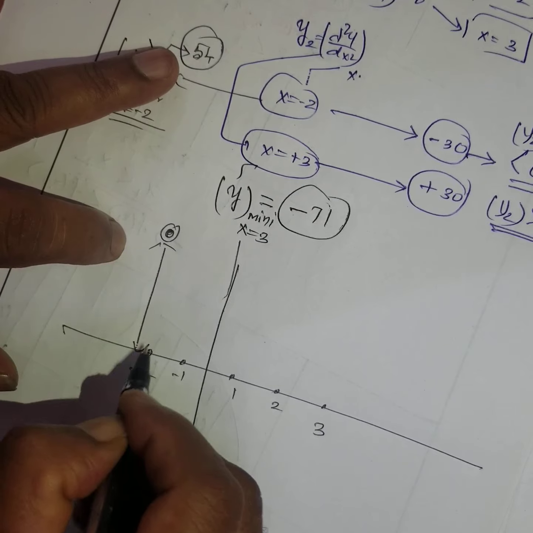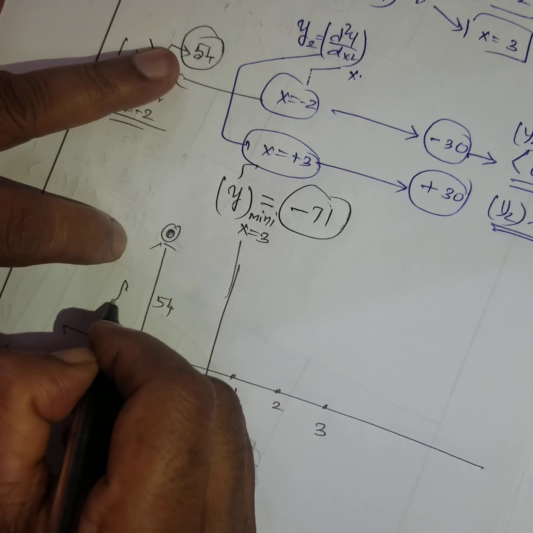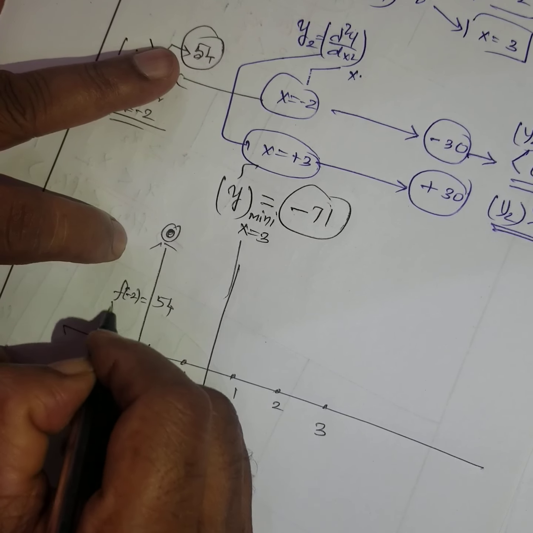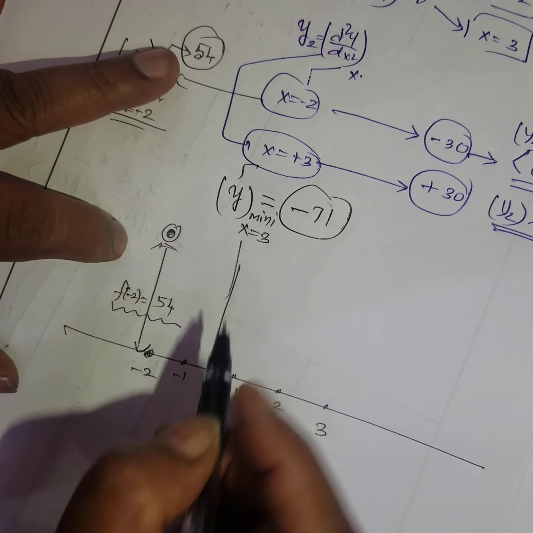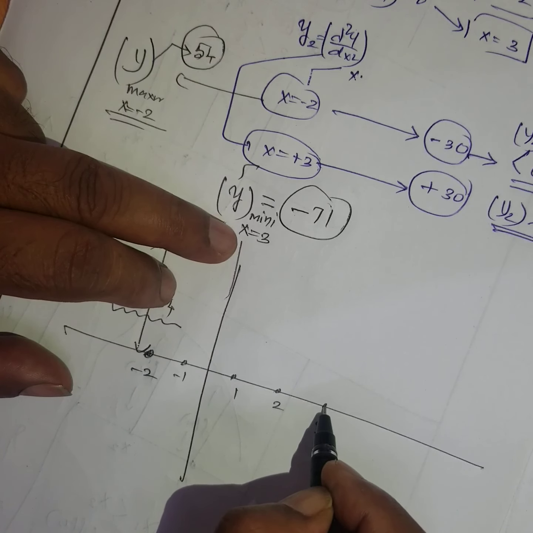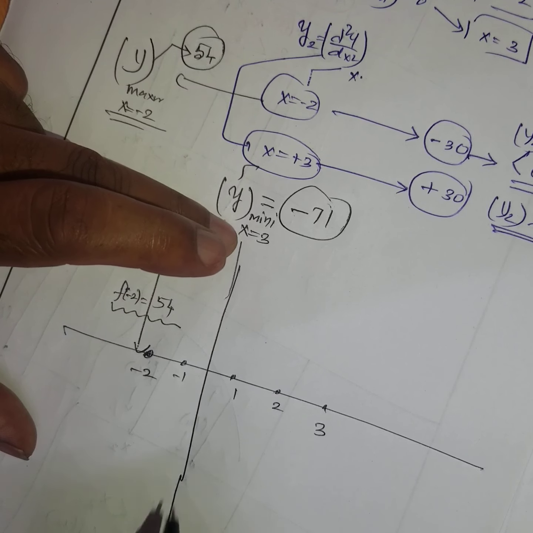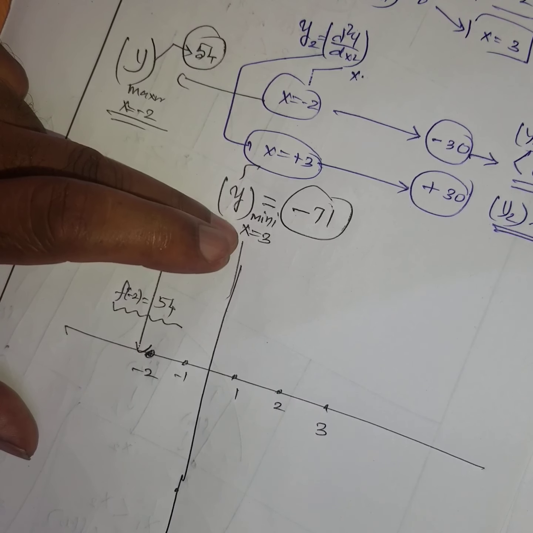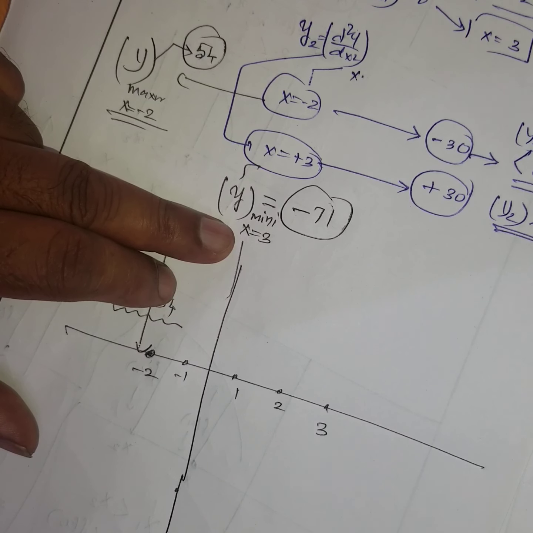Function of minus 2 is 54. Here, function of plus 3 is what? Minus 71.